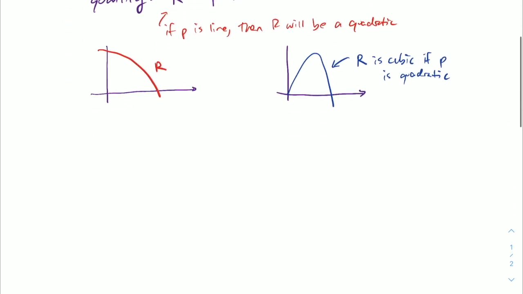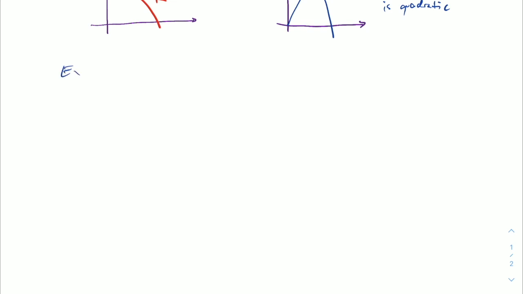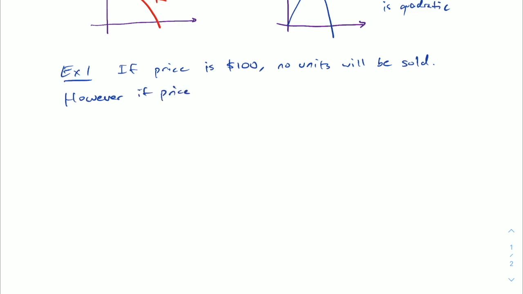Okay, so let's do an example. So if the price of some item is $100, no units will be sold. However, if we lower the price to $50, then 1,000 units will be sold.